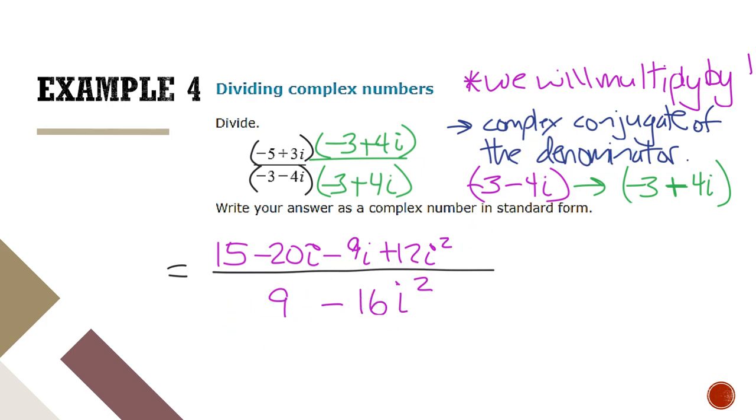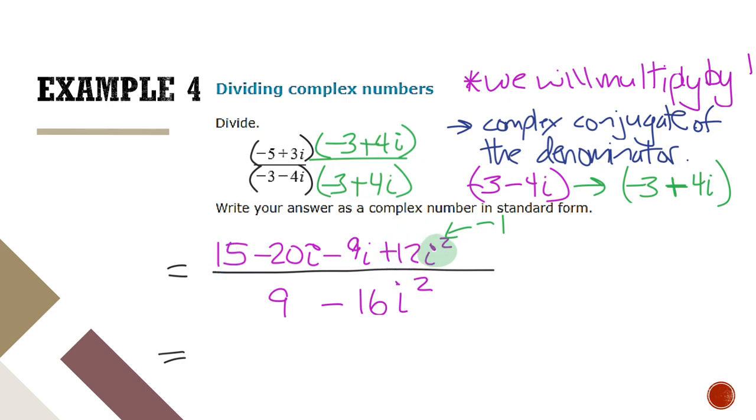Now, why would we use these complex conjugates? Well, when you multiply this out, we'll have a negative 12i and a positive 12i, which will cancel out. And this turns into a real number. So when we do this, let's combine stuff. And again, remember, this part right here is, in fact, negative 1. So we're going to put this as 15 minus 12.